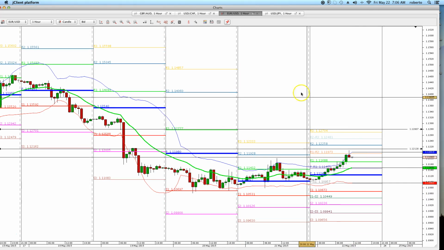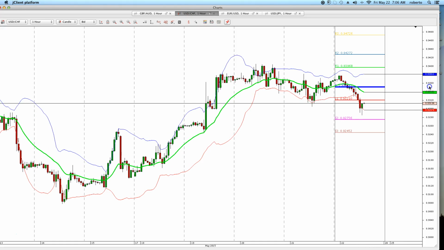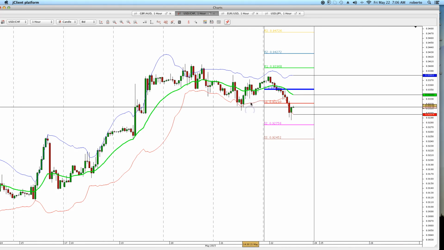Okay, and let's look at one more, USD Swiss, and the same thing. This was a little bit difficult because coming into a new day, price was printing above the moving average line, excuse me, and above the central pivot point.